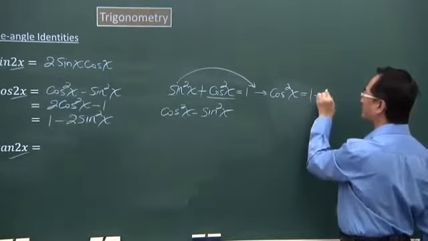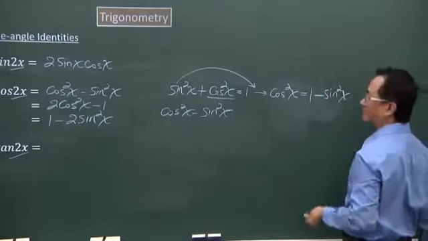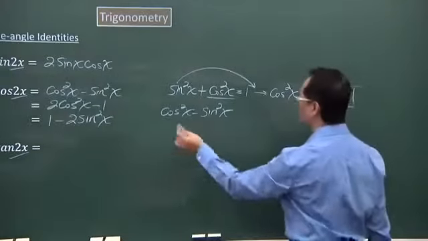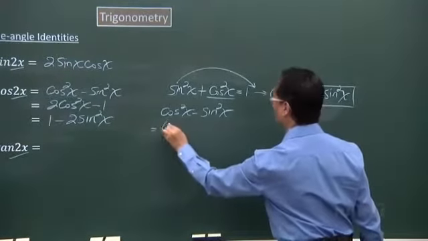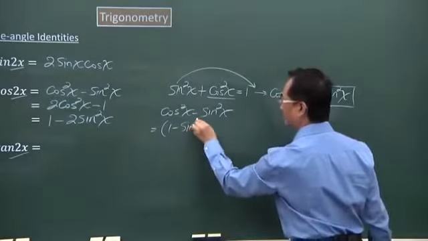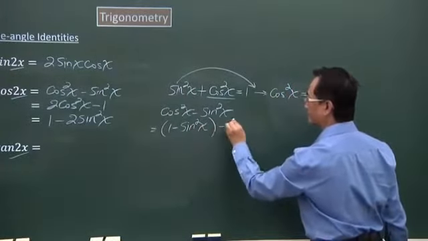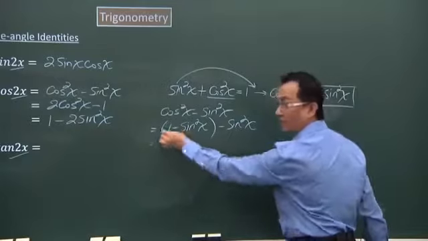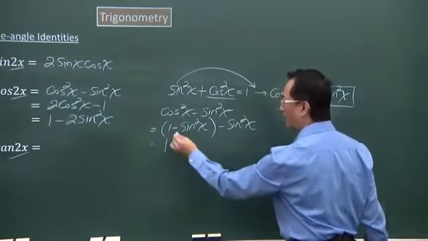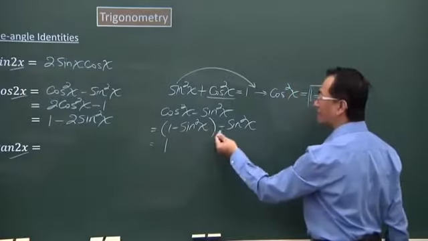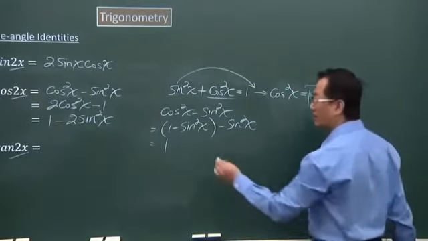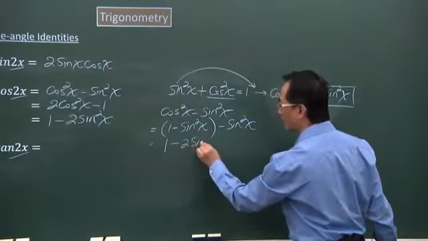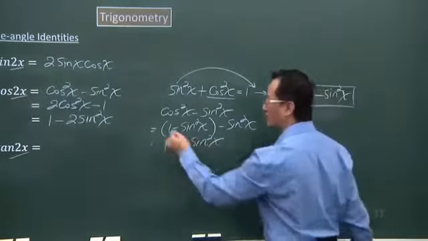This is what I get. So with this expression substituted into here, just opening up the bracket, 1, and I have negative sine squared x plus negative sine squared x. That will give me a cumulative effect of negative 2 sine squared x, which is just that expression.